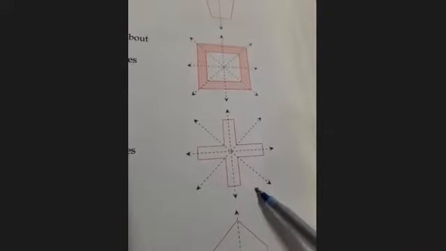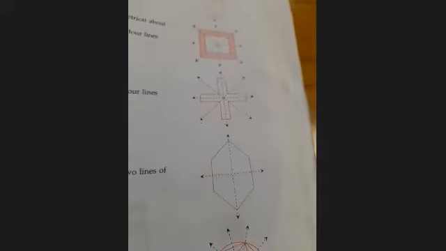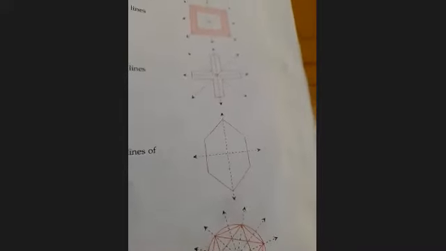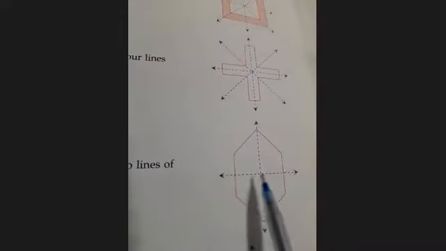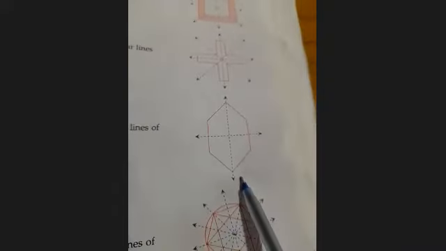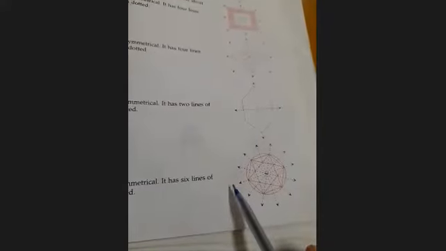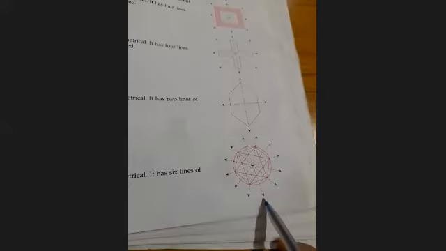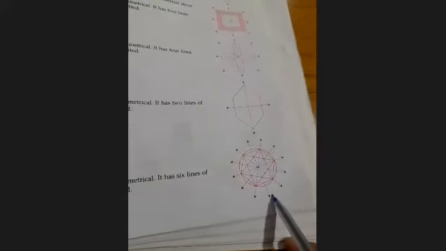Next, fifth figure, we have 2 lines of symmetry. Next is the sixth figure. In this figure, we have 6 lines of symmetry. Now count. First, divide this figure into 2 equal parts: 1, 2, 3, 4, 5, 6. So this figure has 6 lines of symmetry.